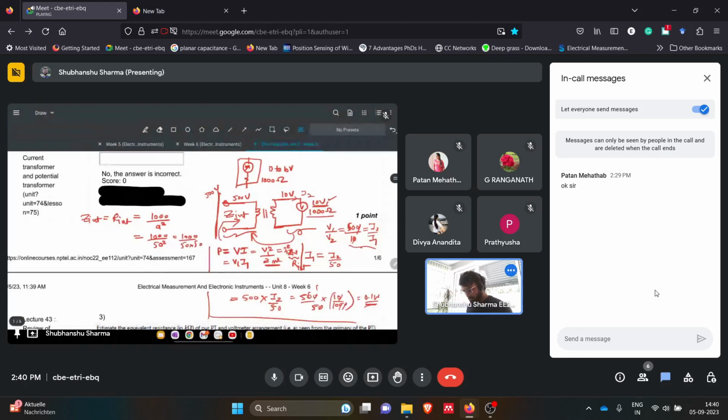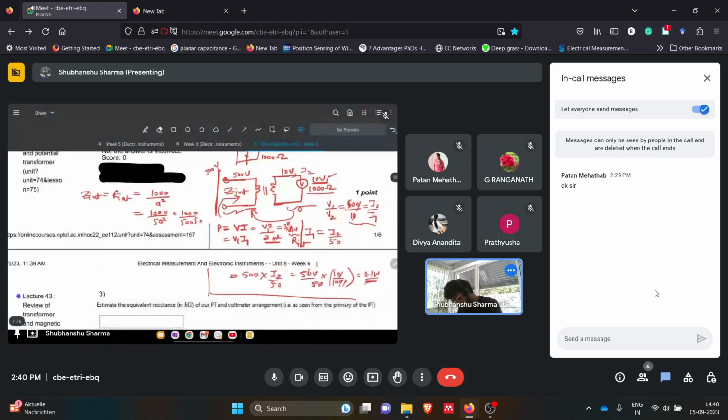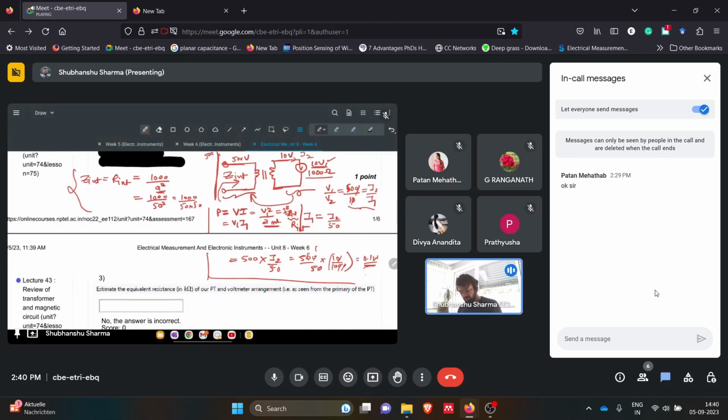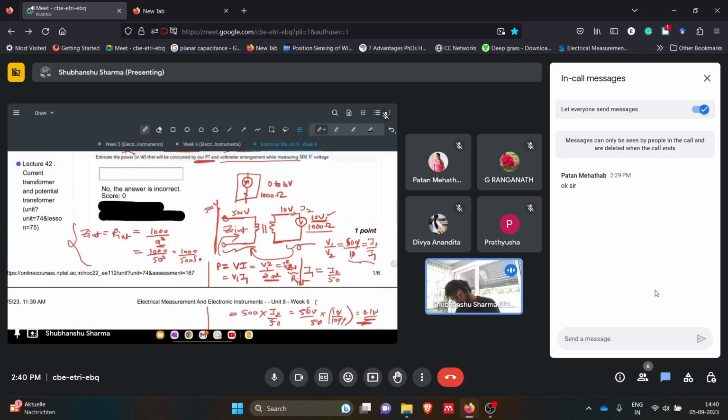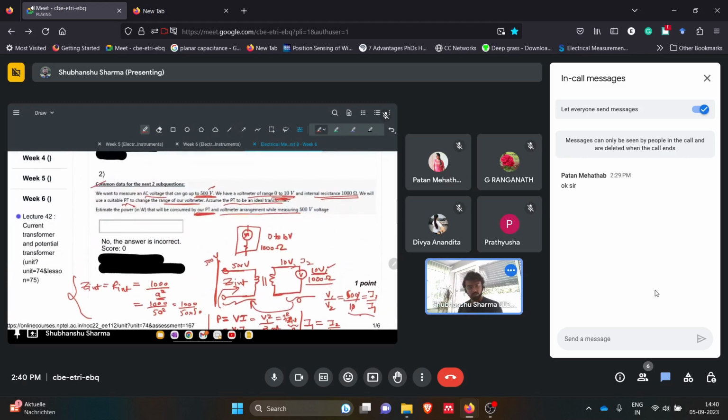Let me redo this: I2 into 50. Let me know if this is wrong, I forgot whether that is a square or not. But this will be the answer for the power consumed in the potential transformer.